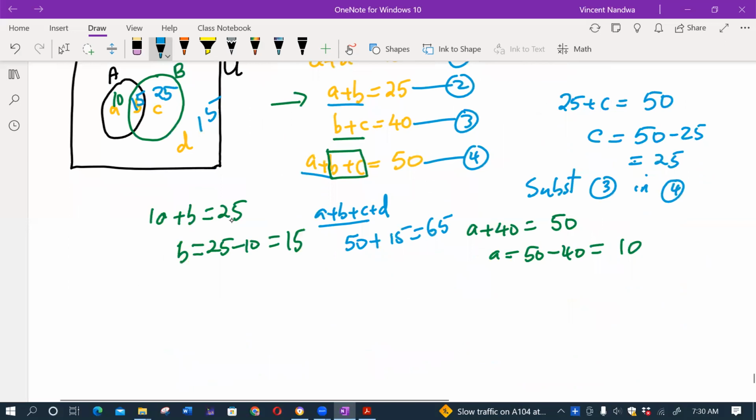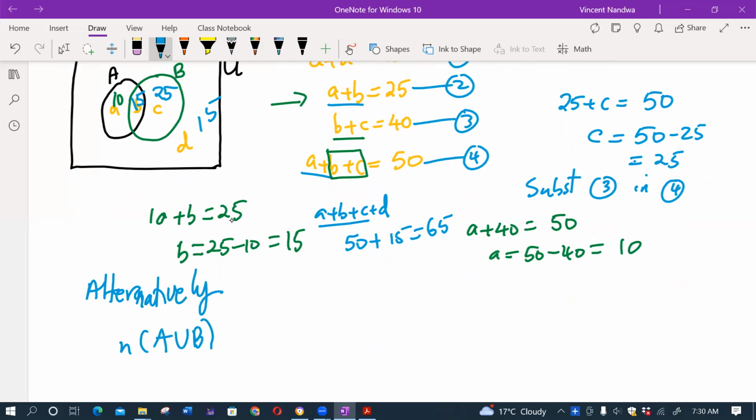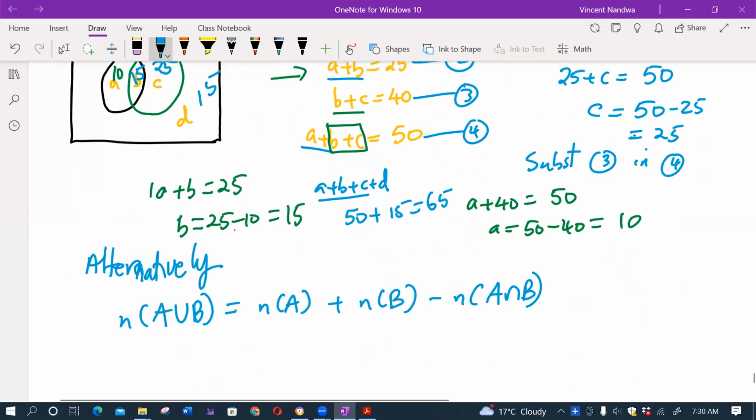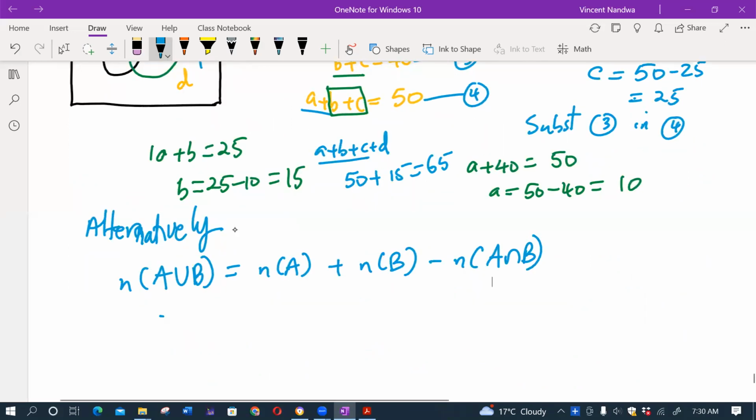Another way of getting these solutions, alternatively, we know that cardinality of A union B is given by cardinality of A plus cardinality of B minus cardinality of A intersect B. In the question, I've been told that cardinality of A union B is 50. Cardinality of A is 25.